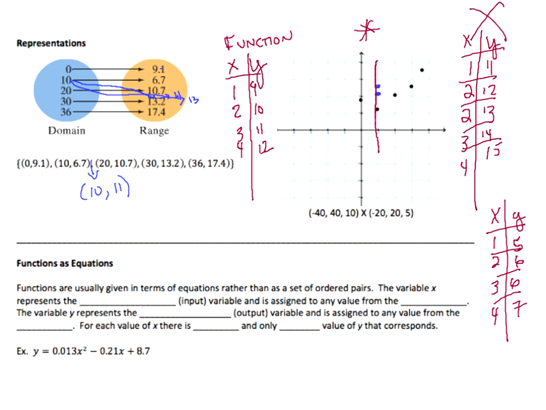If I ask you where 1 went, you'd tell me 5. If I ask you where 2 goes, you'd tell me 6. 3 goes to 6. So just because this right here happened in the y values, this thing is still a function. Moral of the story is you can't have multiples in the x column. That's when you start sending a single input to more than one output.